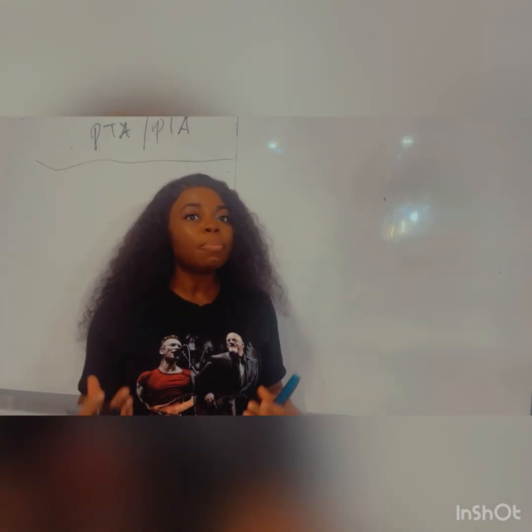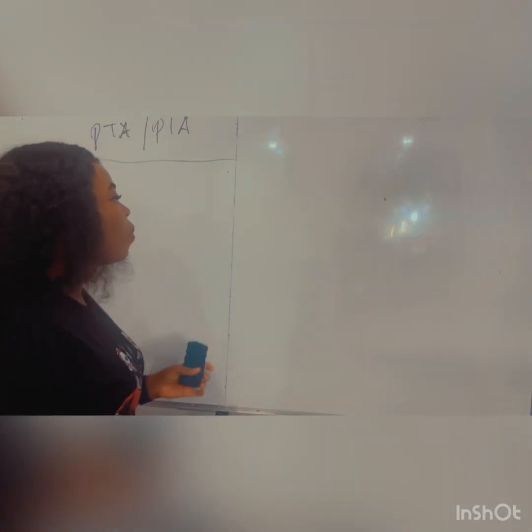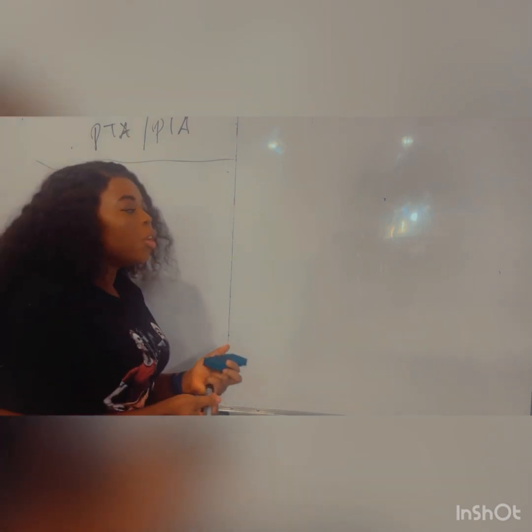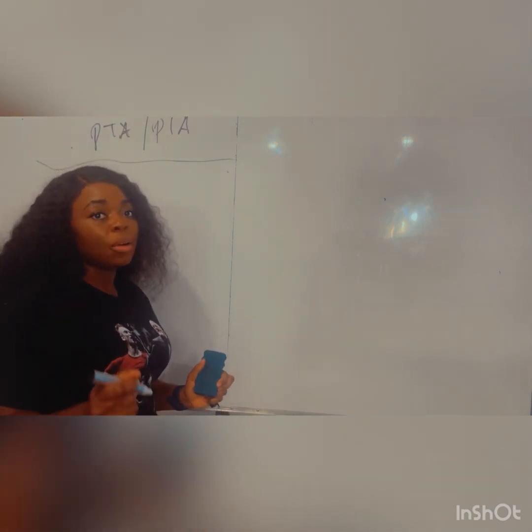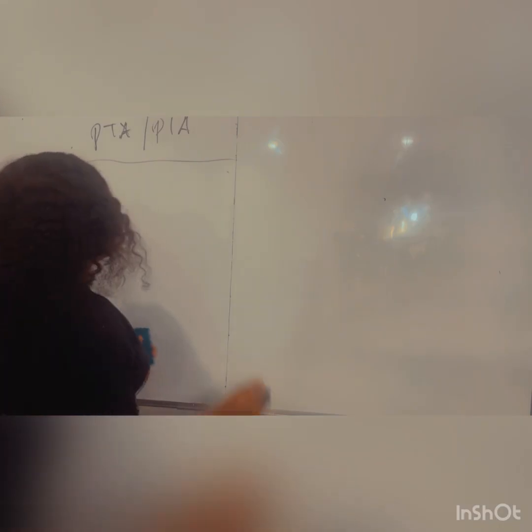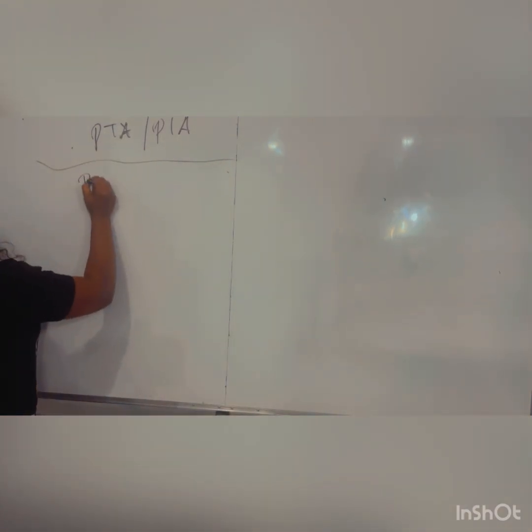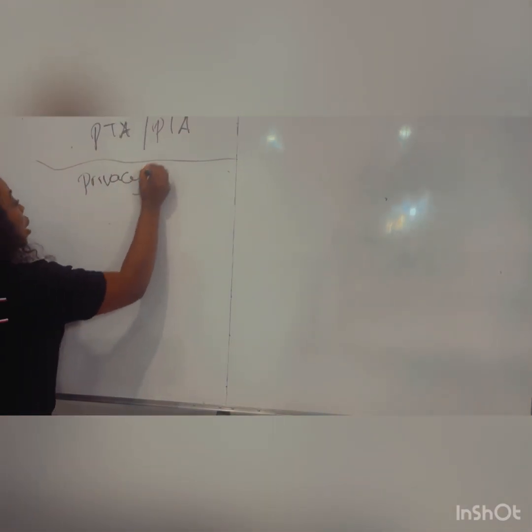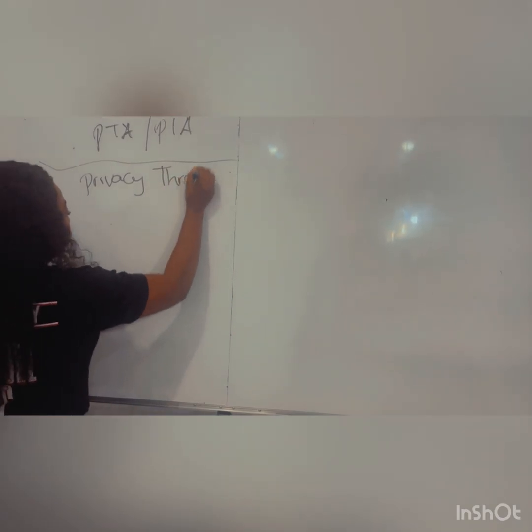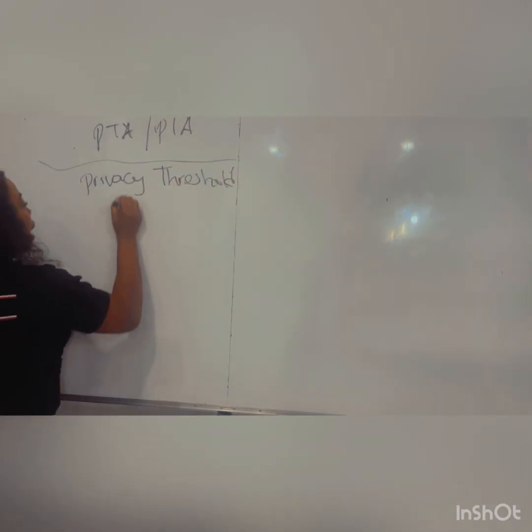But for FISMA and FedRAMP, remember we want to be in compliance with the different standards or regulations. They also said that for any system, though you have categorized it using NIST 800-60 Volume 2 and FIPS 199, you need to be able to conduct this thing known as the Privacy Threshold Analysis.